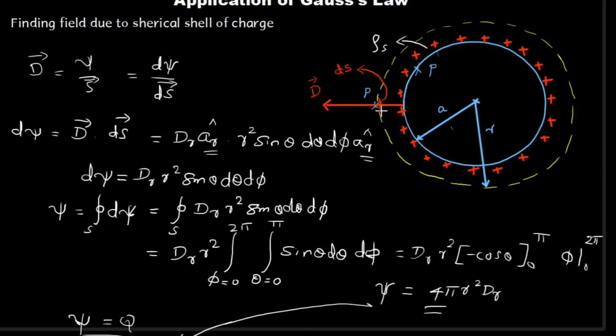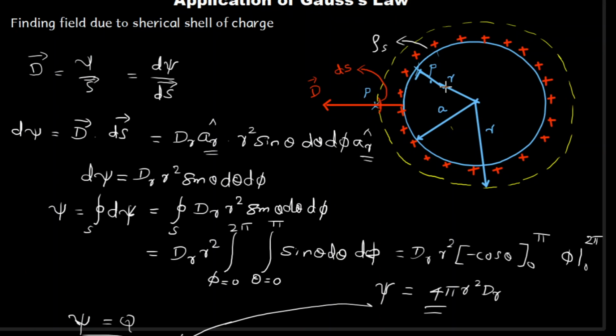This is the second case. This R will be the same as A, in the sense that the Gaussian sphere and the spherical shell have the same radius.